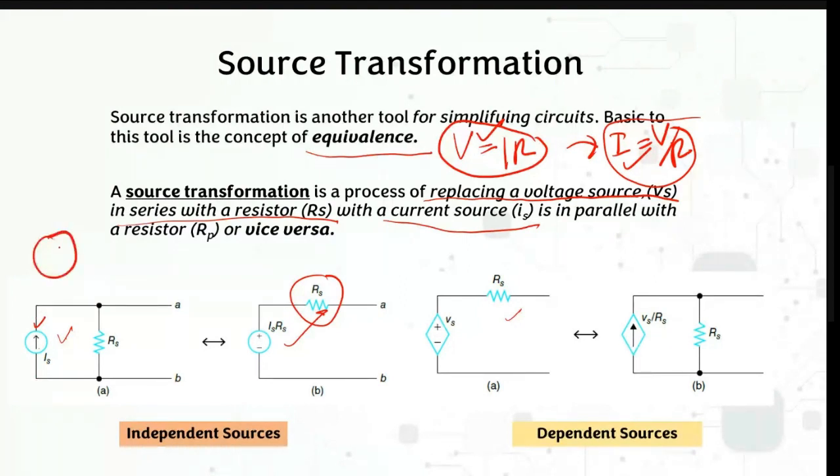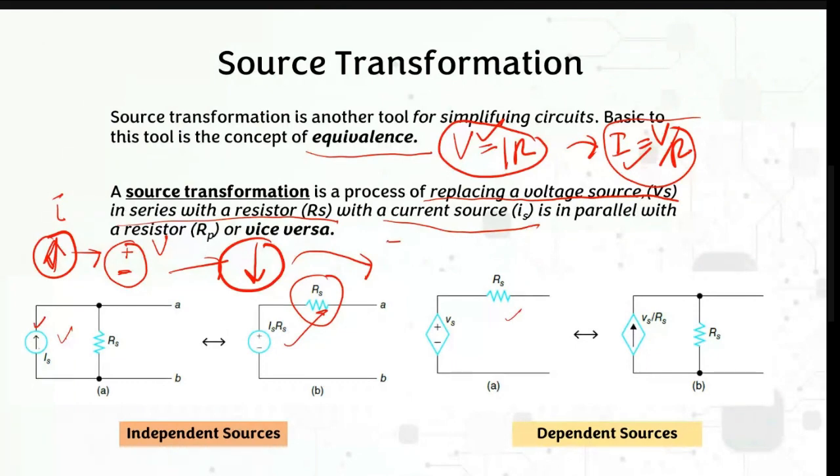If you have these directions of current, that means your current coming from here is going to be negative and here is going to be positive for your voltage. So this is current, this is voltage, and let's say your current is coming from this way, so when you transform, the voltage is going to be negative here.